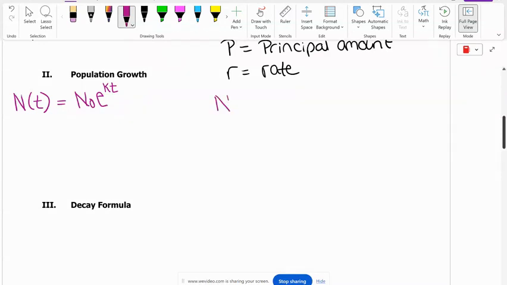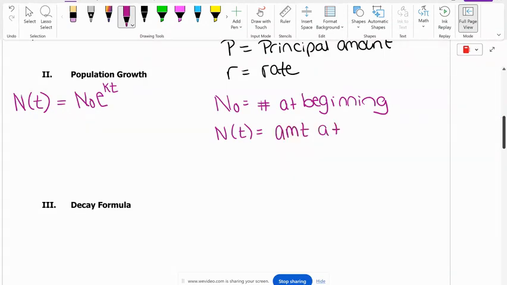N sub 0 represents our number at the beginning. N of t is going to represent the amount at the end. T is time.